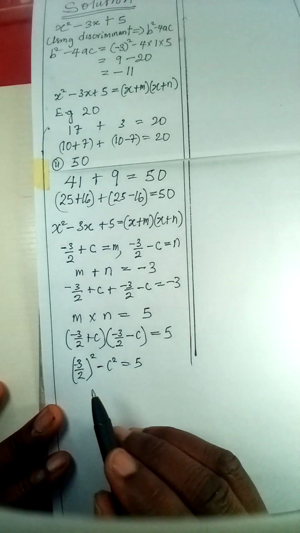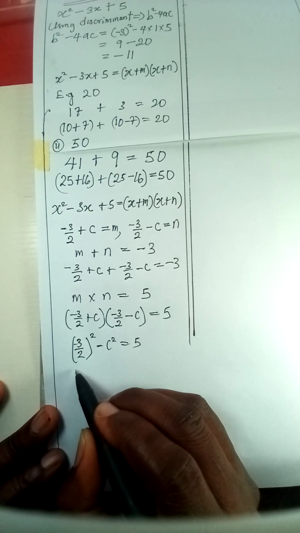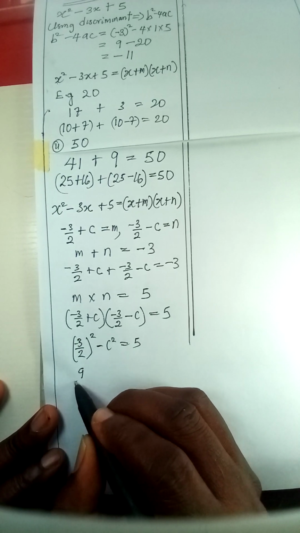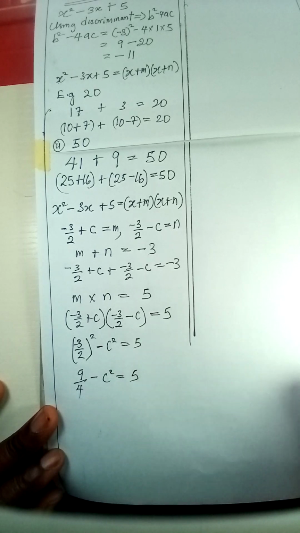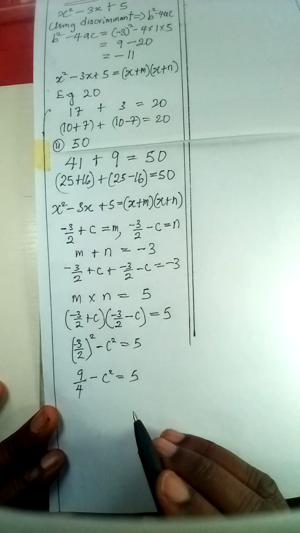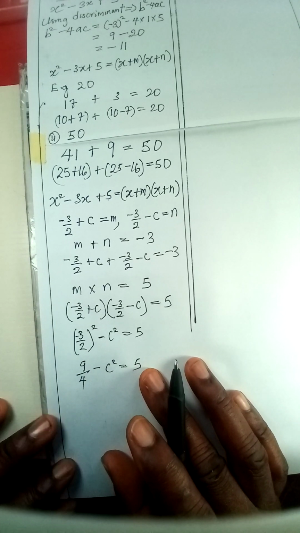Okay, so from here I have 9 over 4 minus c squared will give me 5. Okay, so we can continue. I think we still have space.